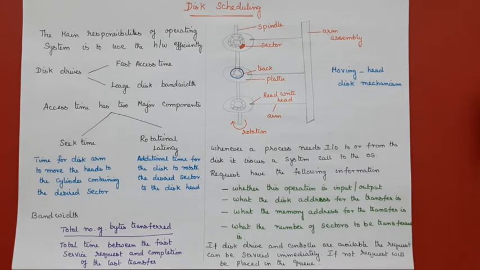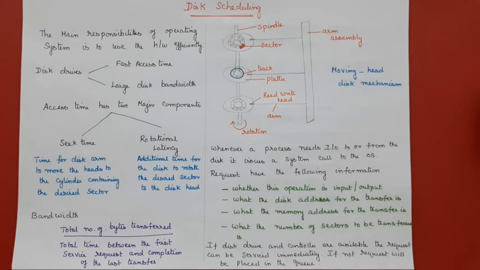Whenever a process needs I/O from the disk, it has to take some data. What it will do is issue a system call to the OS. When it issues the system call, this request will have the following information. First, whether this operation is an input operation or an output operation.